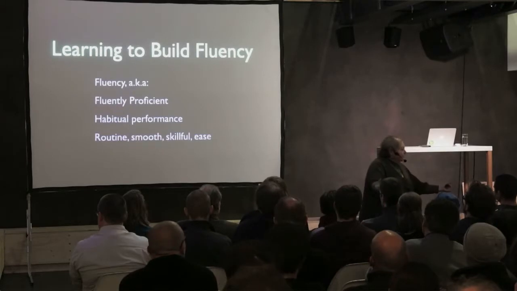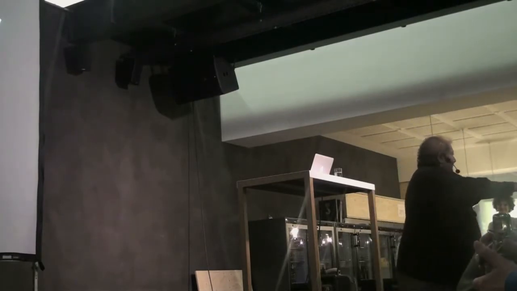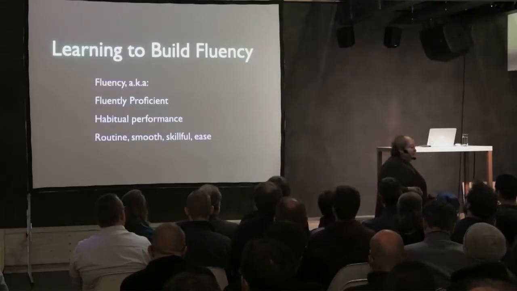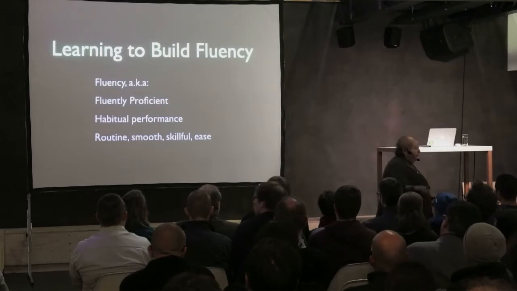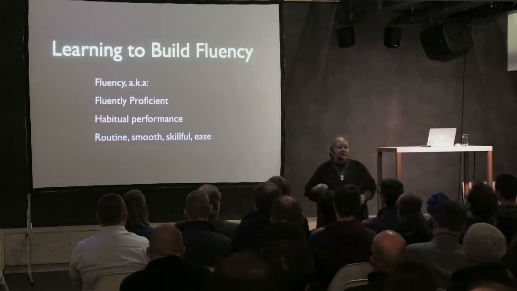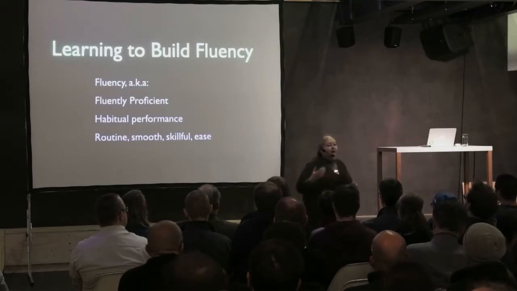Of course, fluent comes from the same root as flow, right? Influence. There's a fun one, right? How do we flow in with someone else and help them, move them in a direction? So learning to build fluency is about this opportunity to practice, to actually do a thing so that we get to that routine ease where it's the first thing we do.